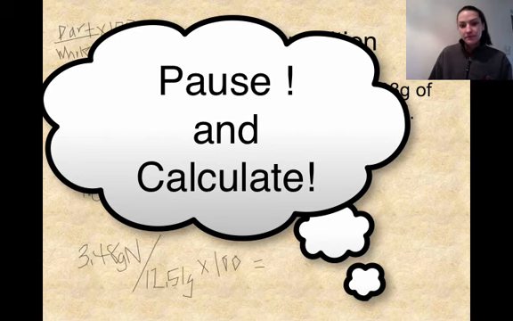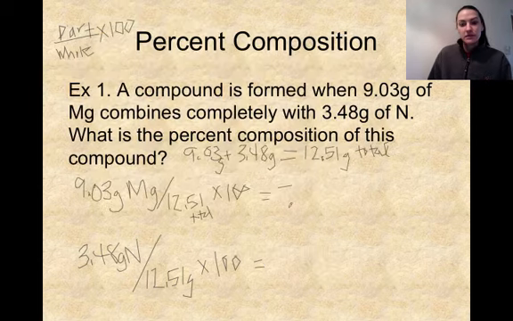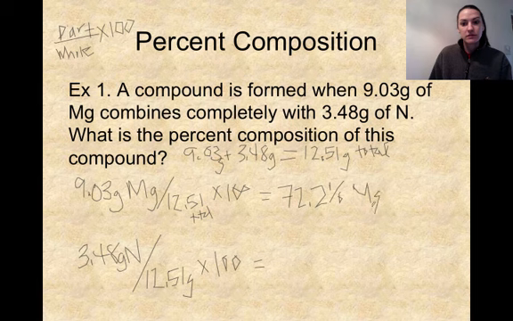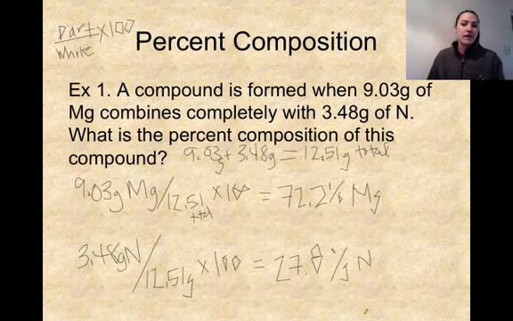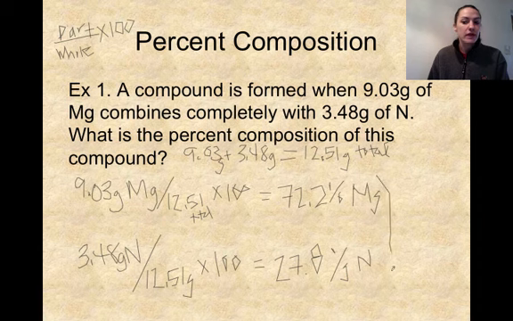You should get 72.2% Mg, and you should get 27.8, that's an 8, percent N. Okay, so you can actually look at these, and if you add 72.2 and 27.8, you should get a total of 100.